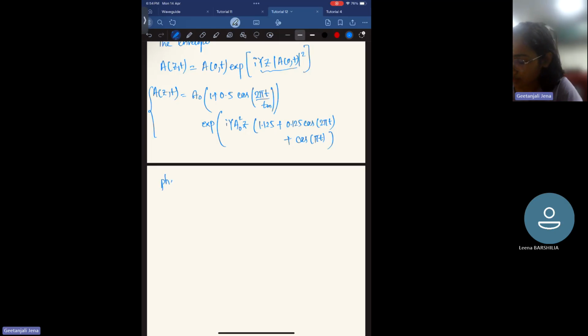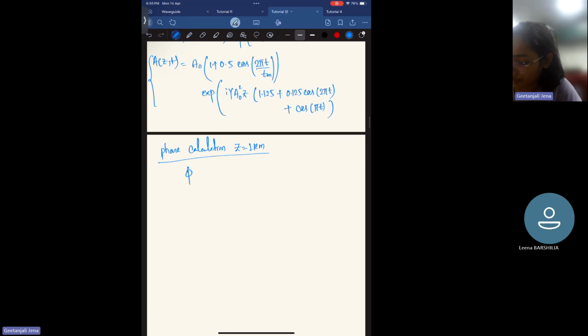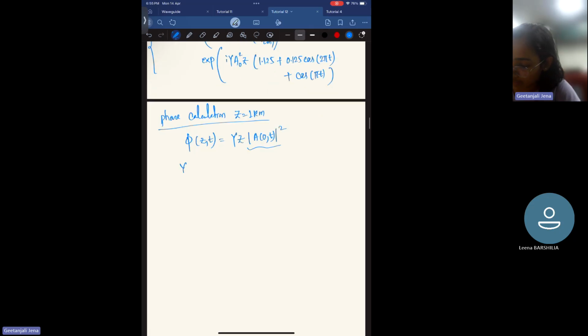For the phase, we need the phase calculation at z equal to 1 kilometer when the time t is 0. So phi of (z,t), whenever the group velocity dispersion is 0, we can say phi is gamma z |A0(t)| squared. We have already found out the complete expression. Gamma is already given in the question.